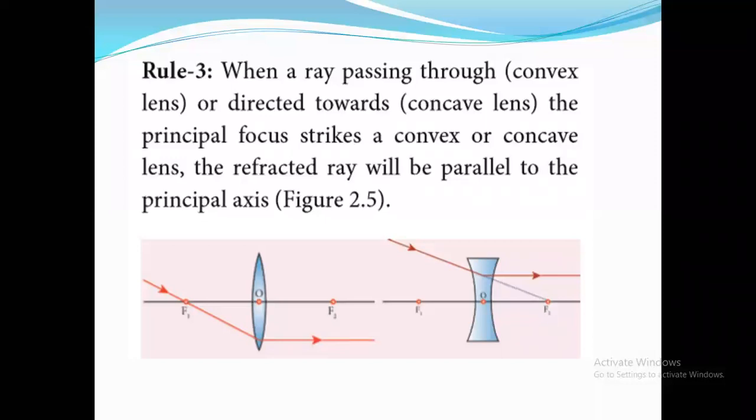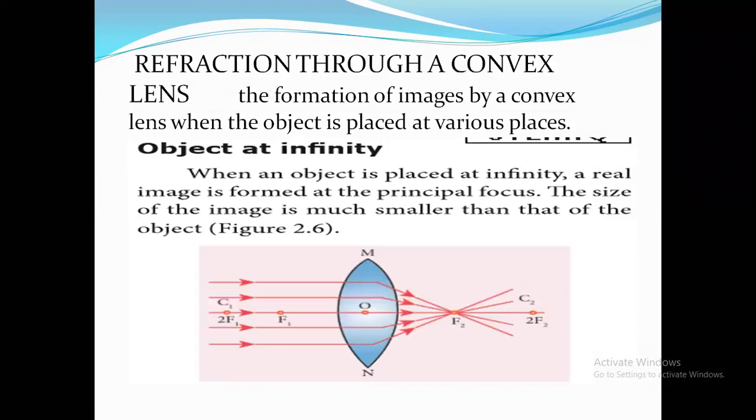When a ray passes parallel to the principal axis, it emerges refracted through the principal focus. And what is the third rule? When the ray passes through the principal focus, the refracted ray will be parallel to the principal axis. These 3 are the rules. And then refraction through a convex lens.